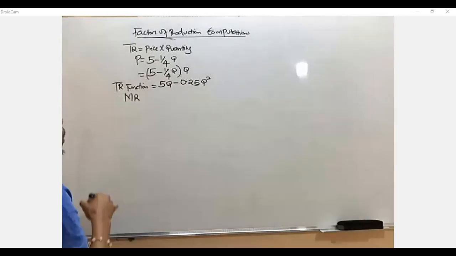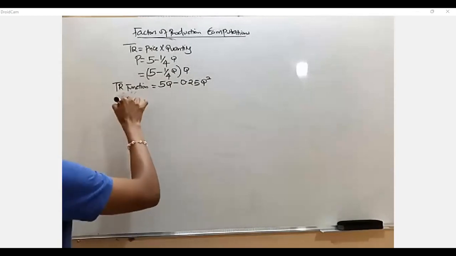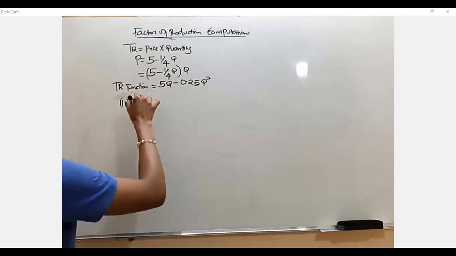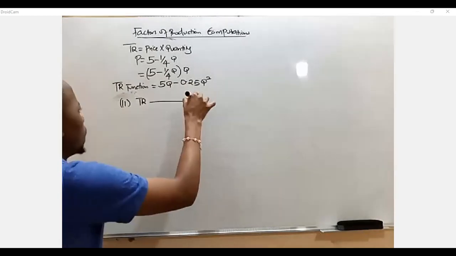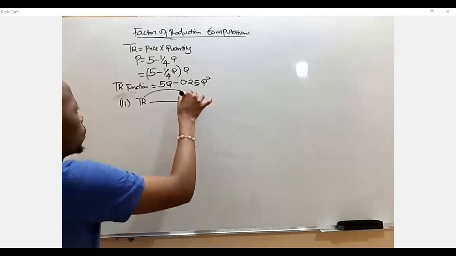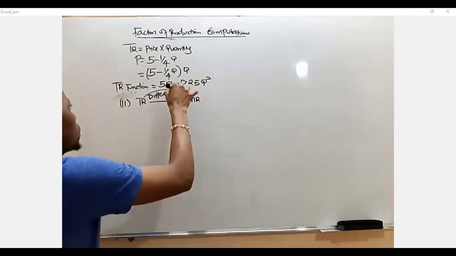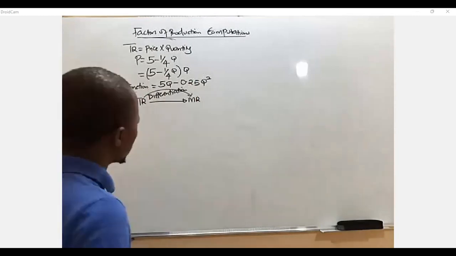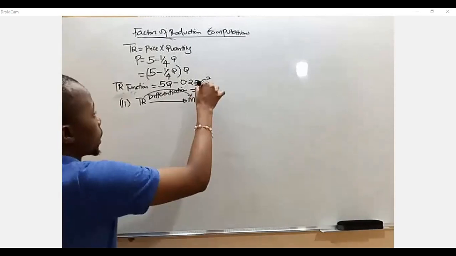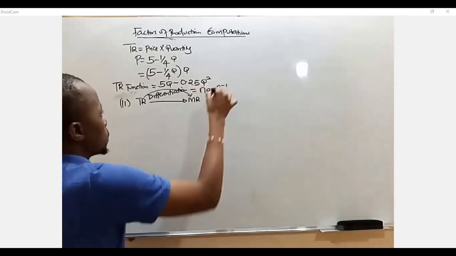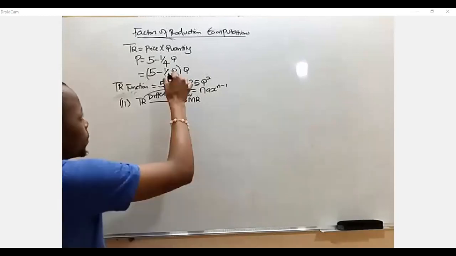Note number 2: from the total revenue to marginal revenue, we need to do something called differentiation. To do our differentiation, we take n a x to the n minus 1. It is the same concept, so we pull down the power. Remember, this q is raised to power 1.